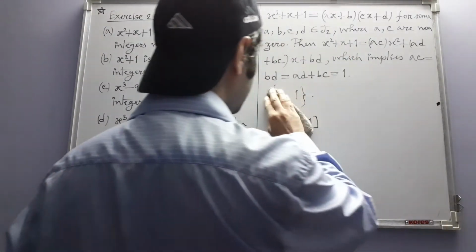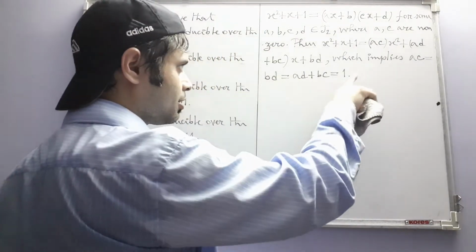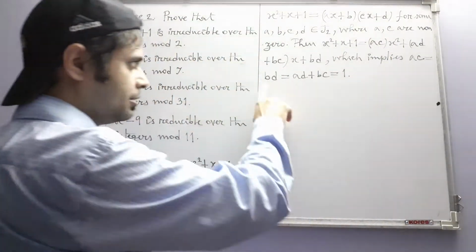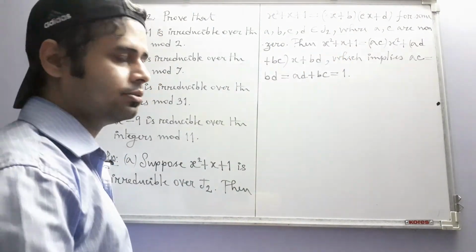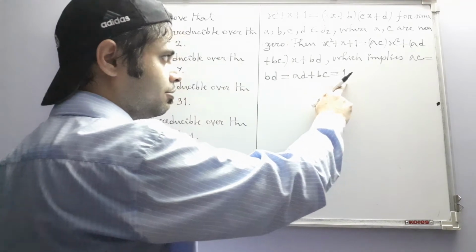Okay, and these equations also have to be made sense of in that way. These are equations with objects coming from J2. So this one is the set of all odd integers.